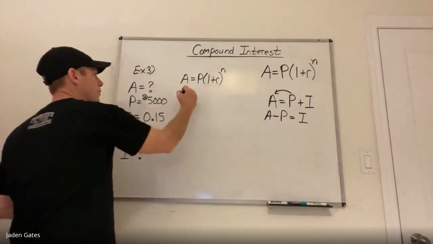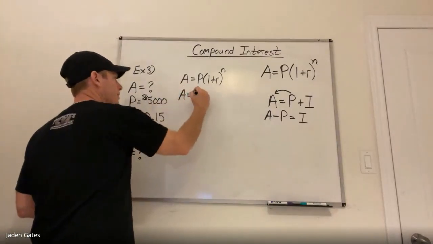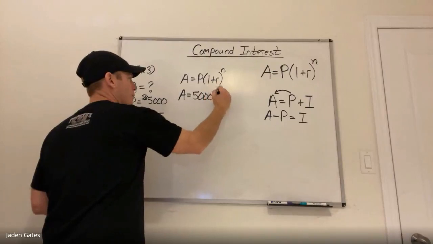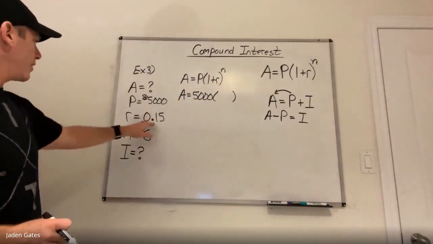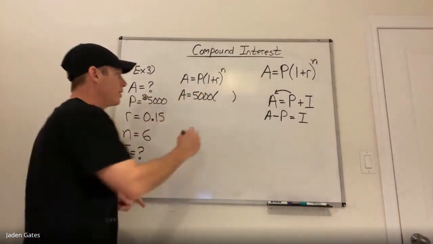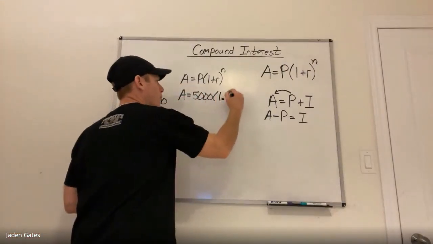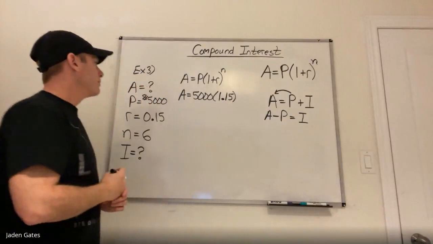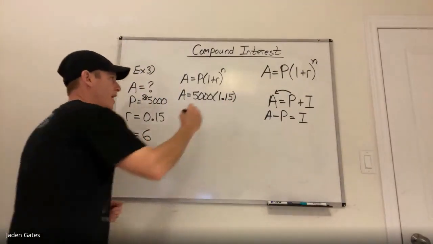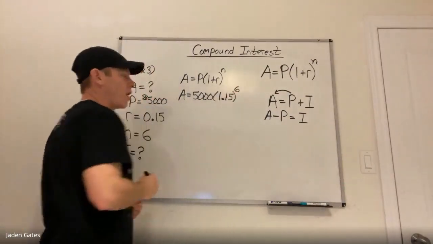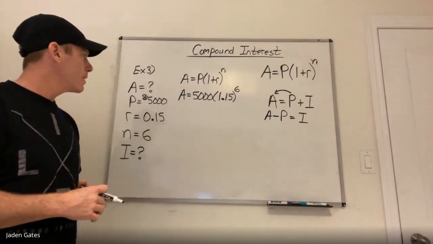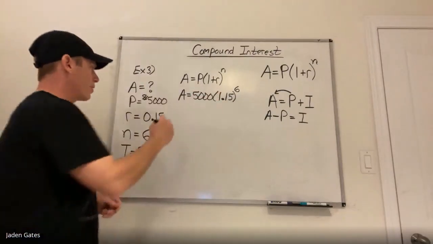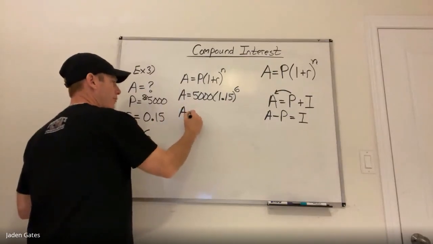All right, so I'm going to plug into my formula here. So again, $5,000 is my principal. 1 plus the interest rate. If I have 0.15 and I add 1, I'm going to have 1.15 here in brackets. And then again, the interest is going to be added 6 times because it's compounded annually, which means it's going to be added after the end of every year. So again, I'm going to use BEDMAS to solve my equation here.